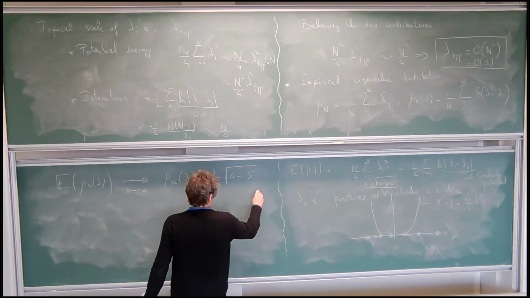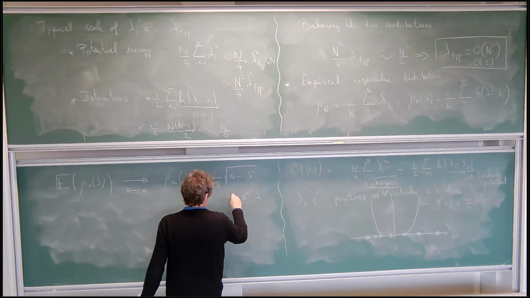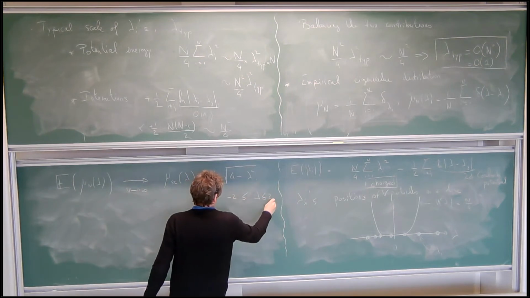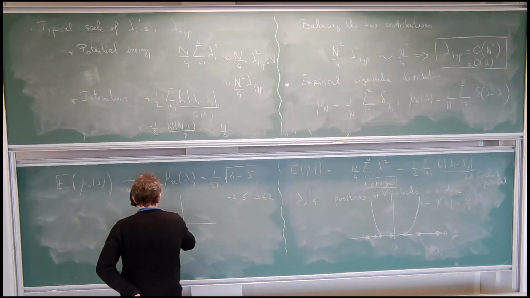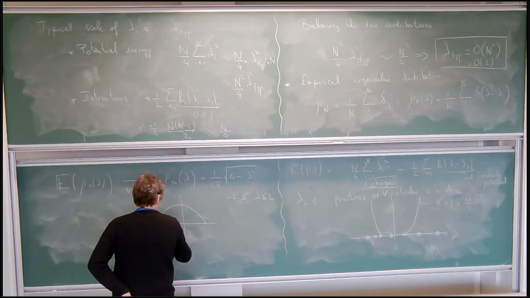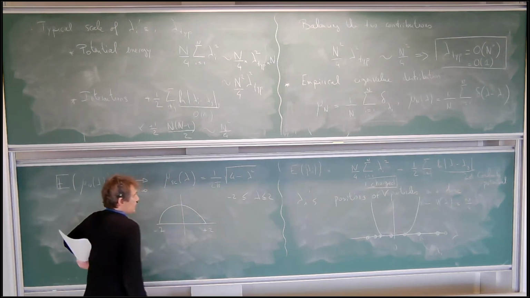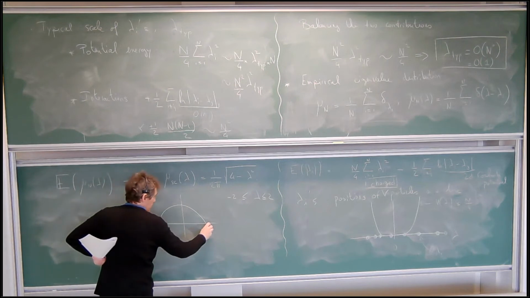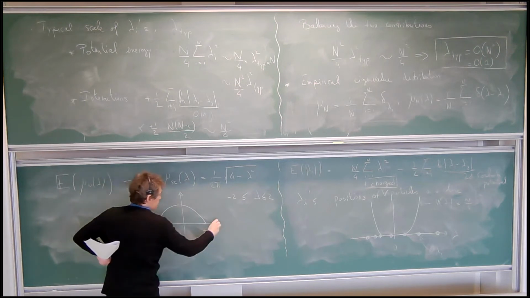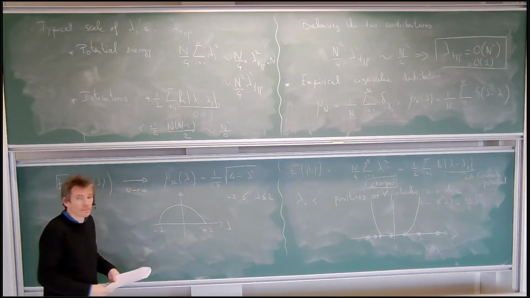And this is, of course, only true for lambda between -2 and +2. So this is this famous Wigner semicircle between -2 and +2, and outside of this region the density is just 0.